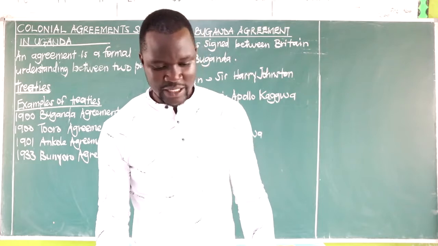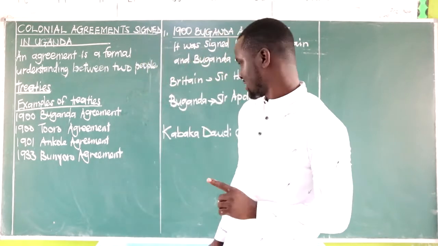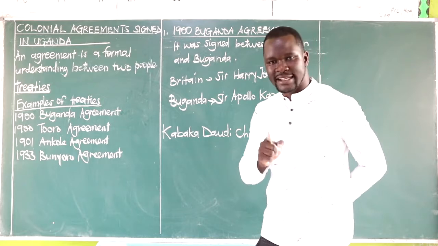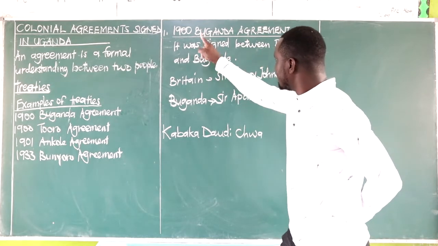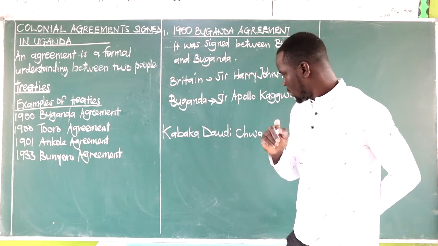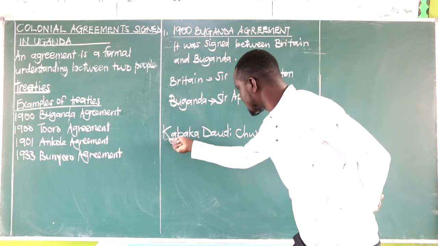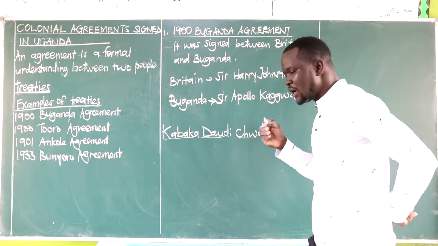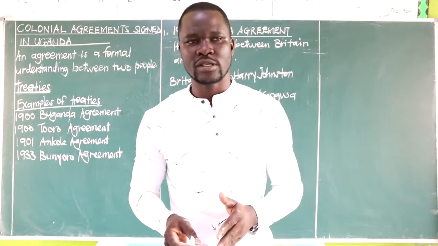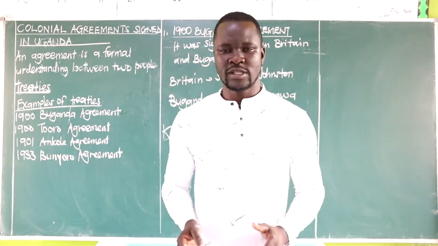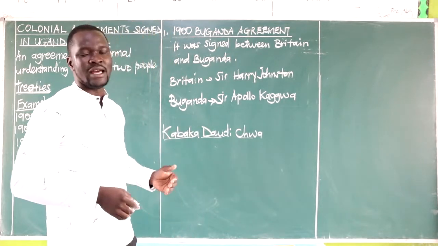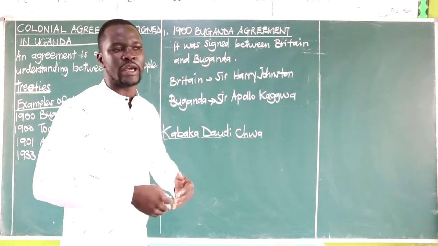Now, as a primary 5 child, be ready to be asked a question. Why didn't the king of Uganda at that time sign the 1900 Uganda Agreement? Who was that king? We have said the king was Kabaka Daudi Chwa. He could not sign the agreement because he was too young. Therefore, he was given representatives, people to help him.